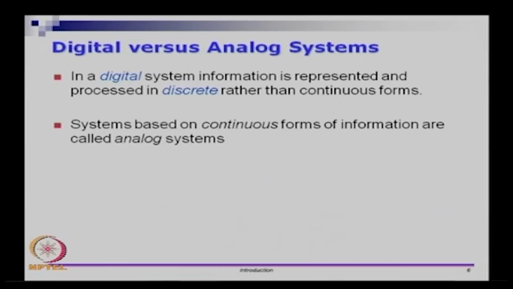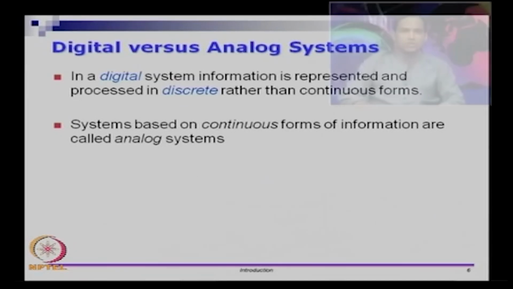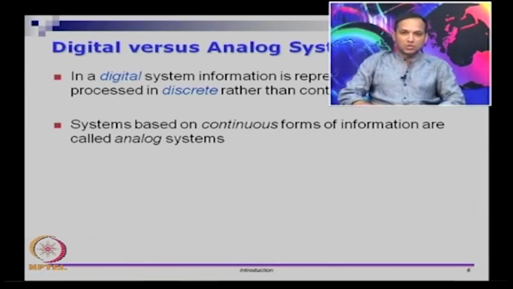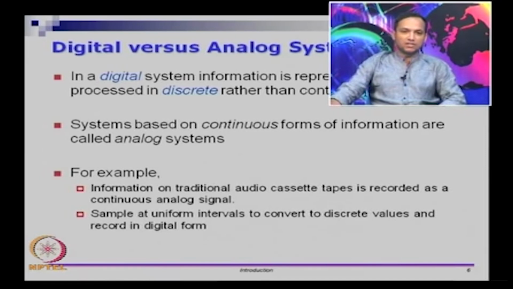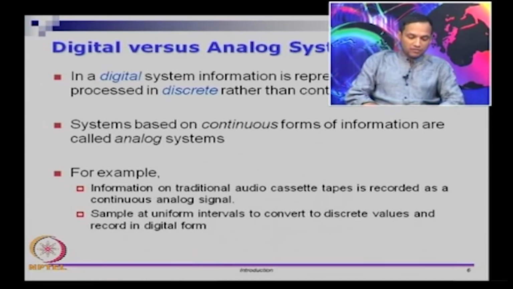One thing is the analog systems are usually based on continuous forms. There is something continuously happening in an analog system. If you take for example audio cassettes, probably you have seen this, some of you may have used it. The audio cassette is a classical example of an analog system.